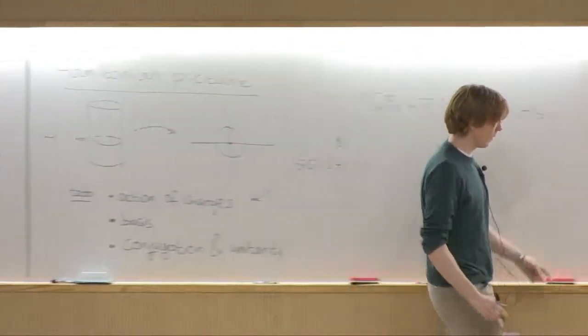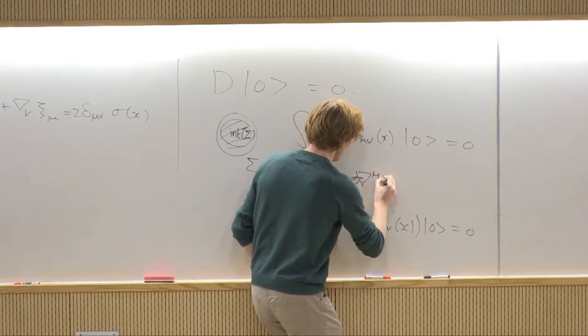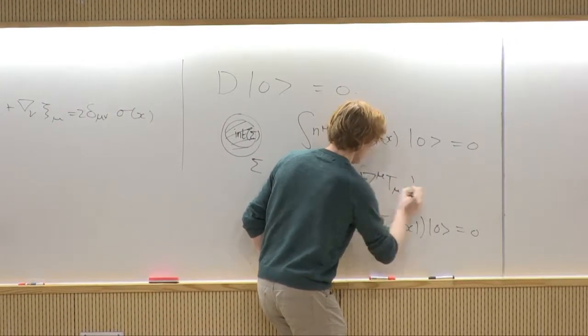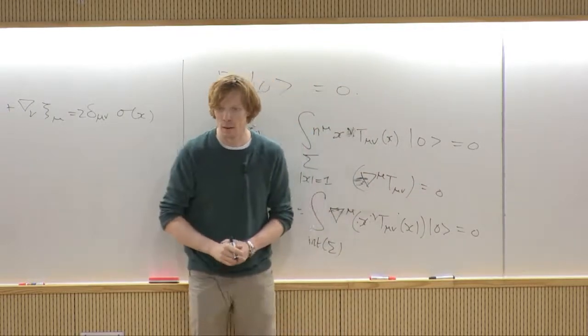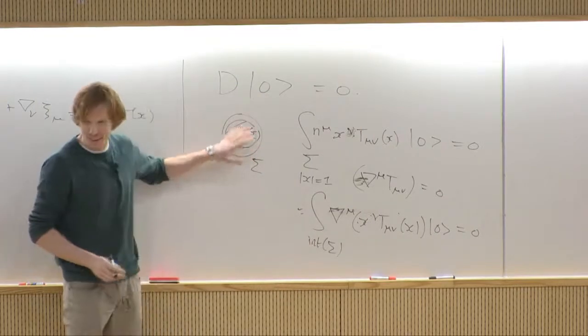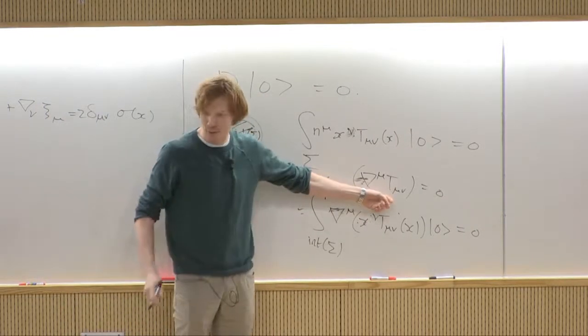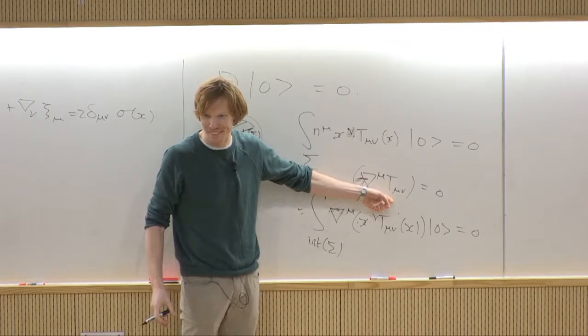And then there's another thing, which is that d^mu T_{mu nu} equals 0, up to contact term singularities, but there's no other operator. So the divergence of the stress tensor is 0.